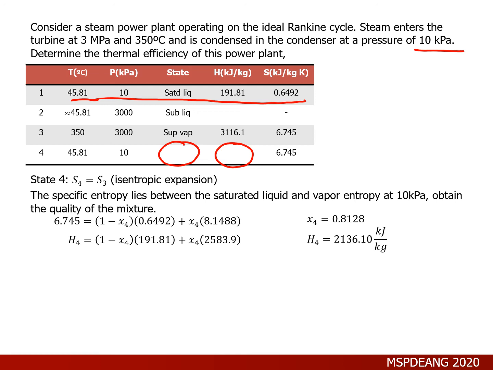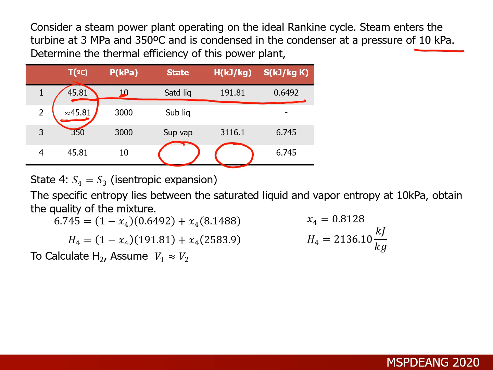And similarly to the first scenario, to get state 2, we still assume na incompressible fluid, negligible change in temperature, kaya approximately equal pa rin yung dalawang temperature ni 1 and 2. Okay, so the enthalpy change from state 1 to state 2 is simply equal to V delta P, where V is the specific volume at 10 kPa or 45.81 degrees Celsius.